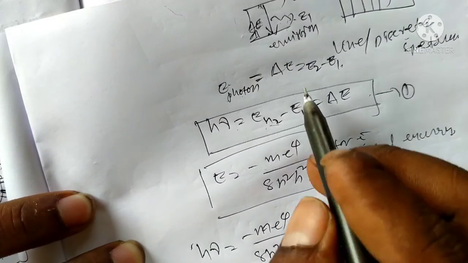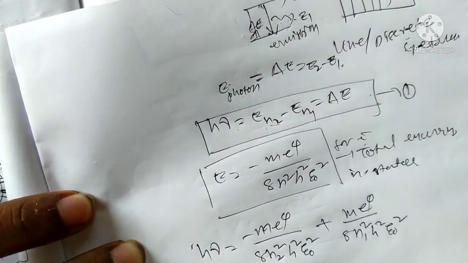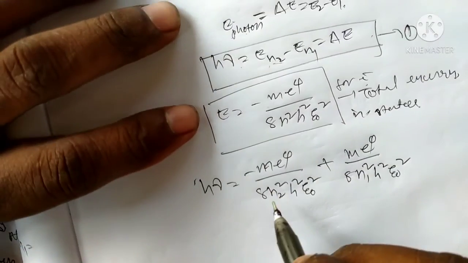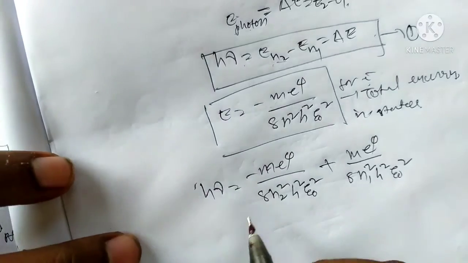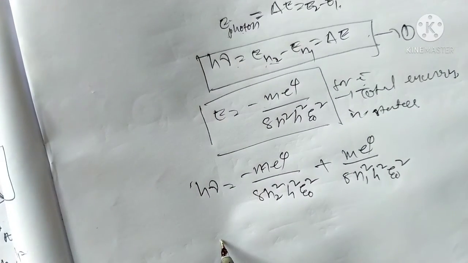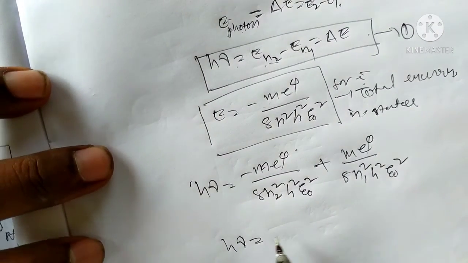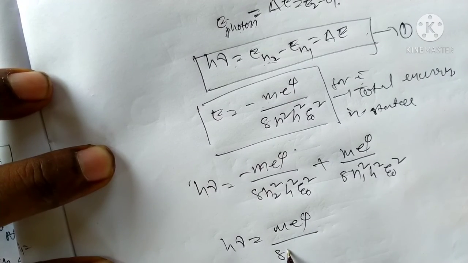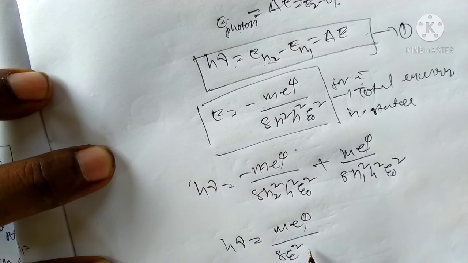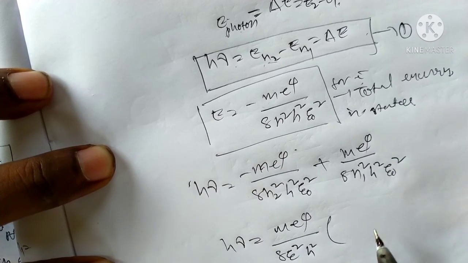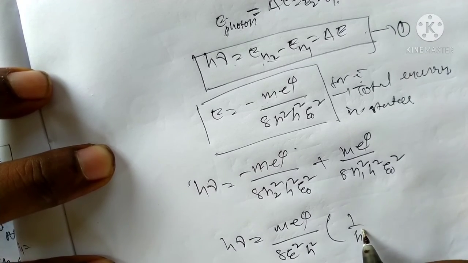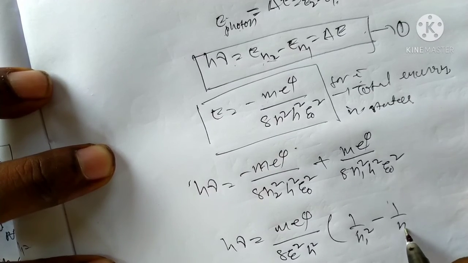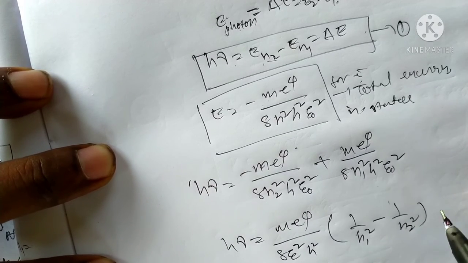From this equation, substitute in this one and take common. Like this, h nu is equal to m e to the power 4 by 8 epsilon naught square h square into 1 by n1 square minus 1 by n2 square.